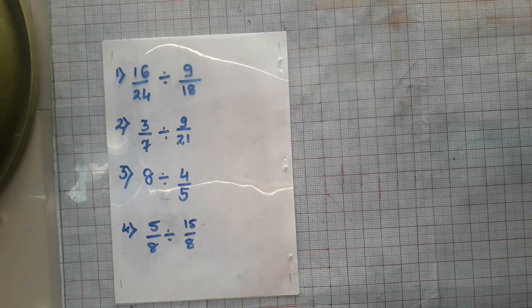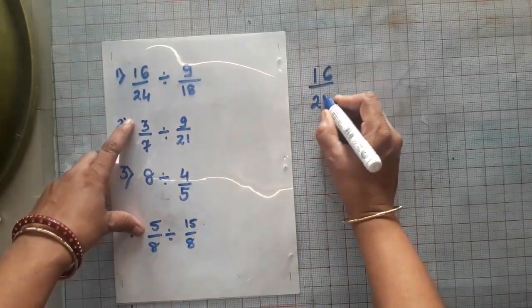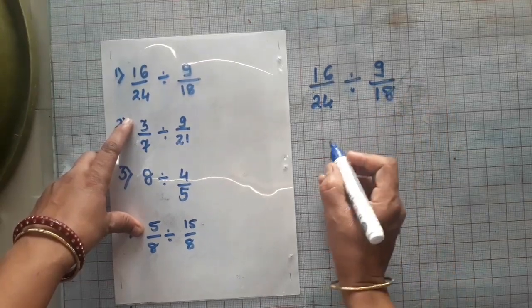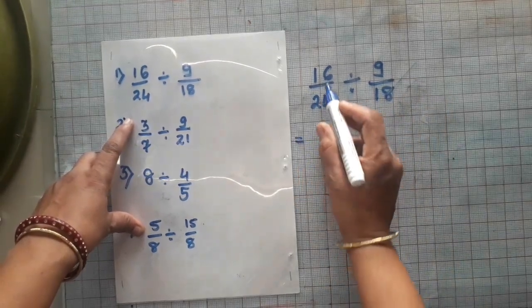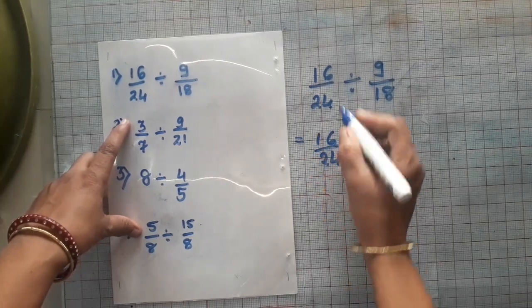Let's try to divide these fractions. Okay, first question, you can see it's given as 16 upon 24 divided by 9 upon 18. Now what you need to do is, first fraction write as it is. So 16 upon 24.